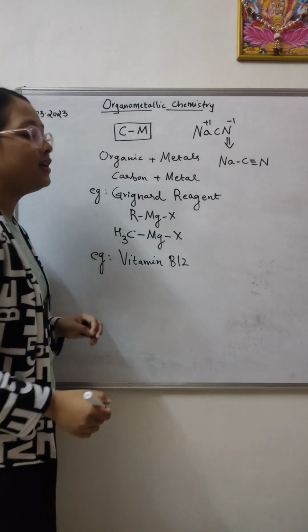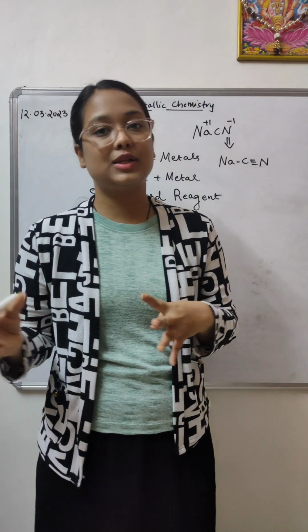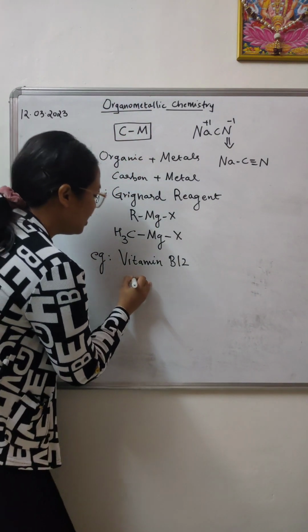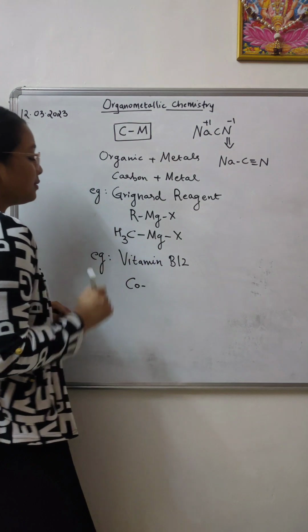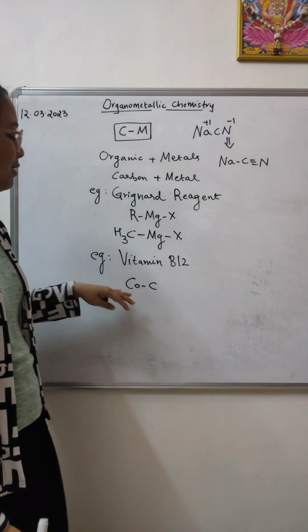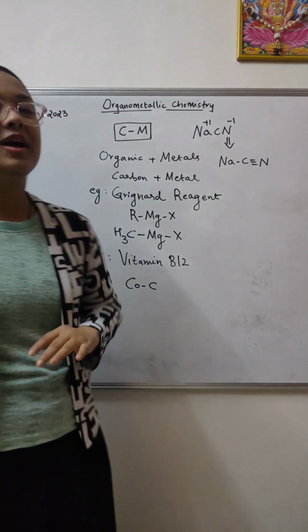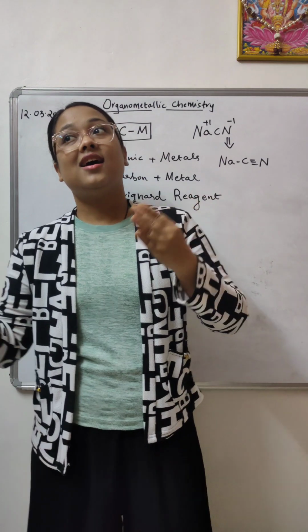Vitamin B12 is essential in our system because it helps in production of red blood cells. It has a complex structure, but what is important for us is that it shows a metal-carbon bond. The metal present is cobalt, a transition metal, and there is a bond between cobalt and carbon. So this is an organometallic compound present in our system.